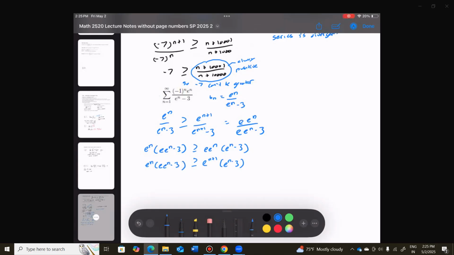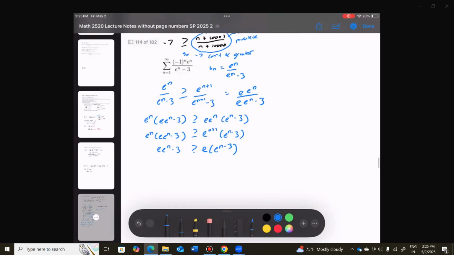And then when I divide over e to the n, I get e to the n minus 3. Then distribute.